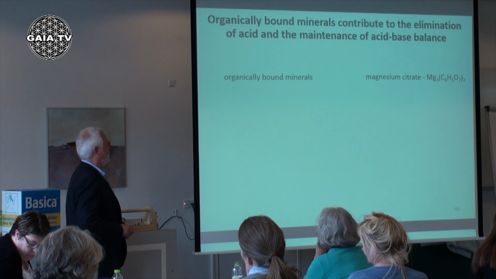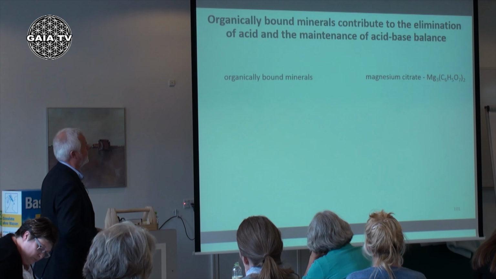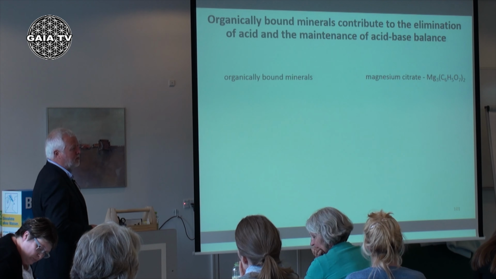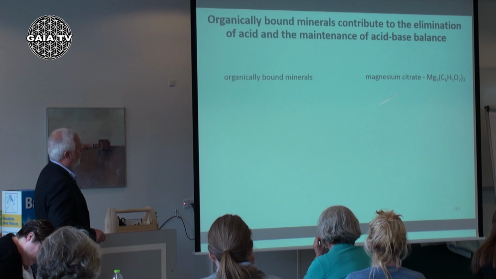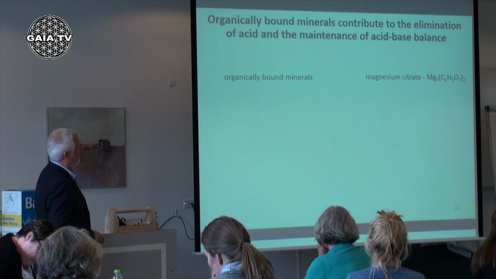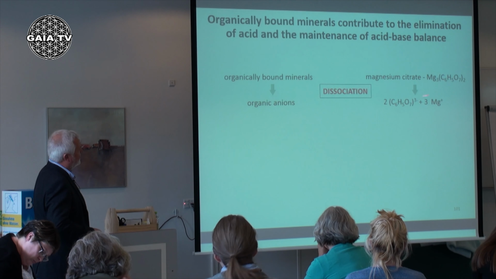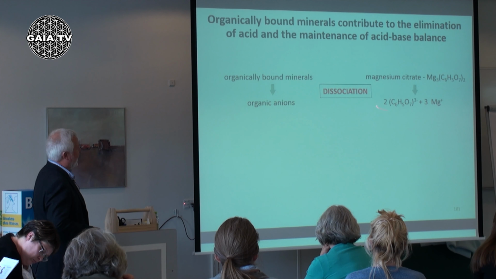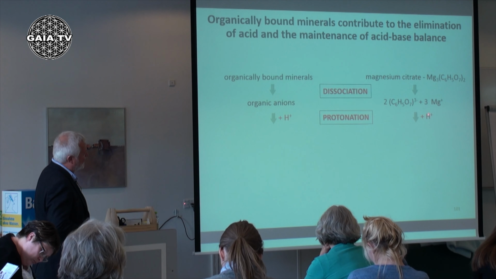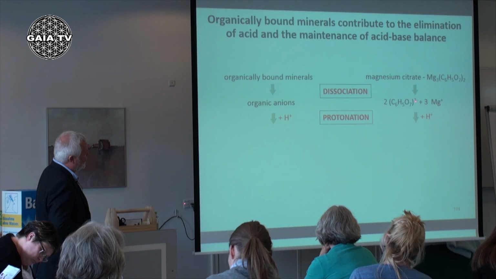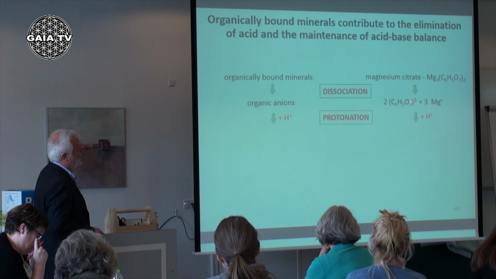So for some people, the choice is to use alkaline supplementation. And the question is, what is really the alkalinity in a supplement? For example, if you take magnesium citrate and ingest it, it dissociates into the organic anion, the citrate, and the magnesium. And this citrate, that's the point, is negatively charged and can bind protons, can bind acid.